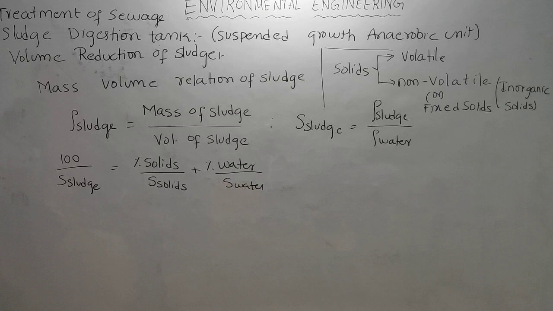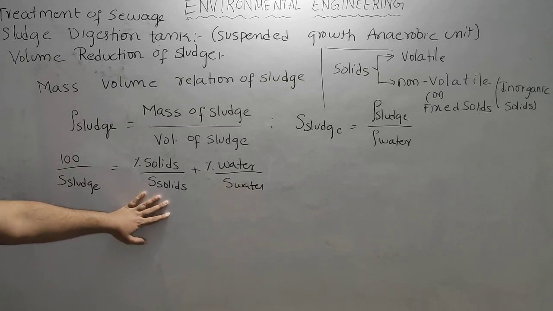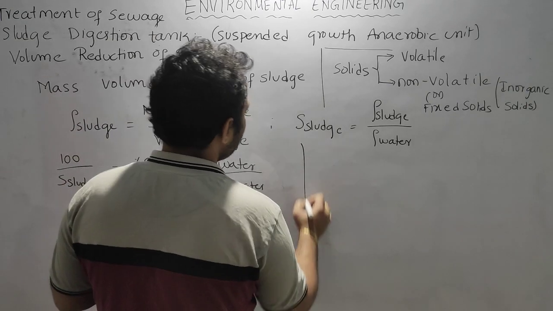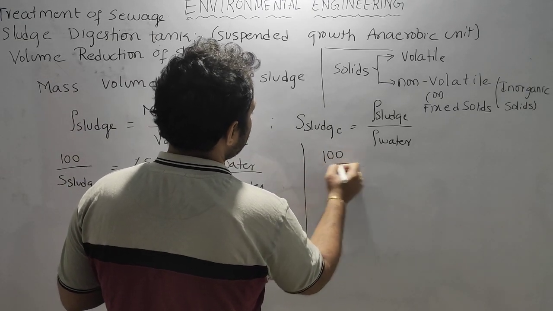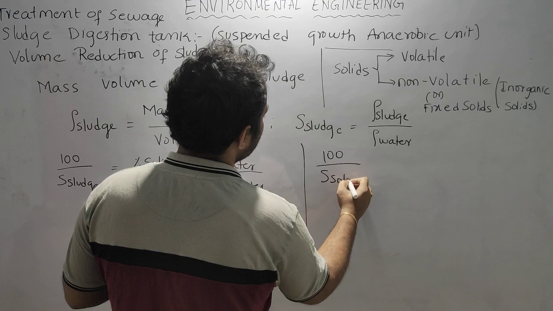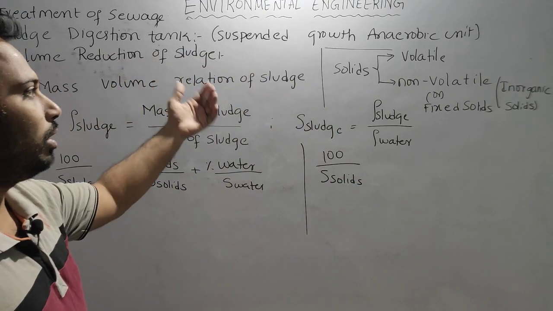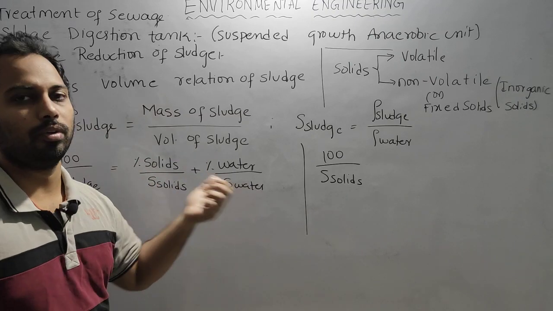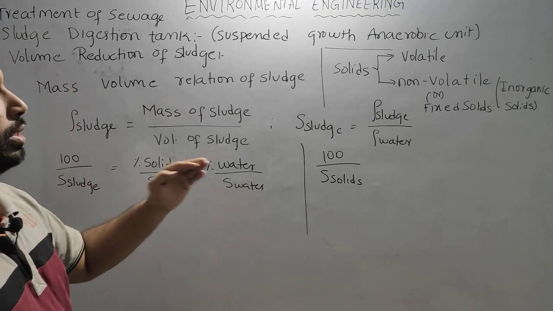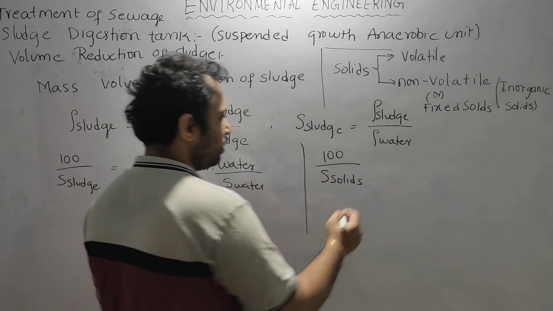Now here, this is solids. 100 by specific gravity of solids: if the solids' specific gravity is not given, but the specific gravity of volatile solids and of non-volatile solids is given, then we need to find the specific gravity of the solids from this formula.